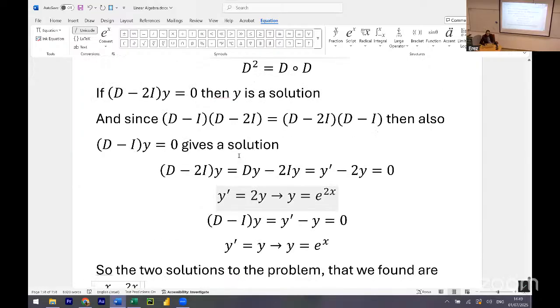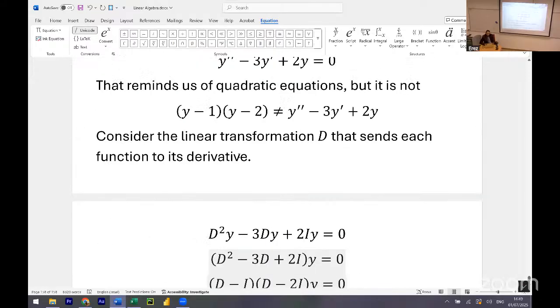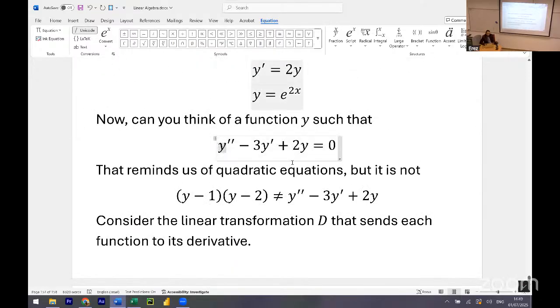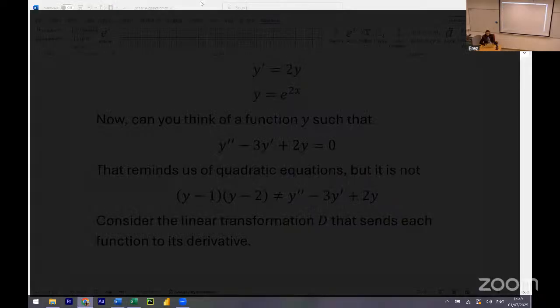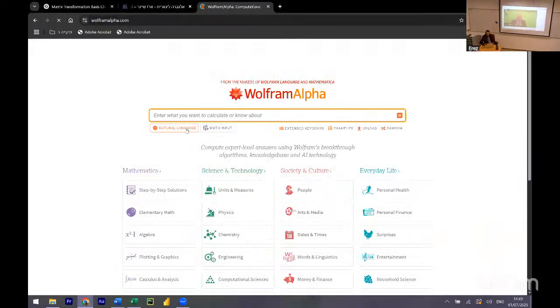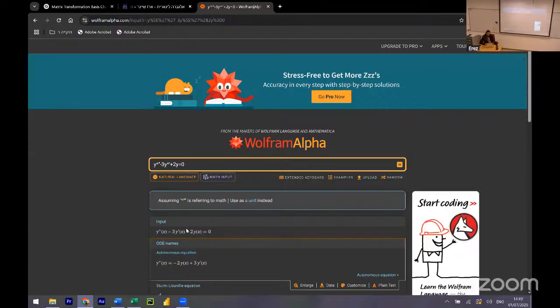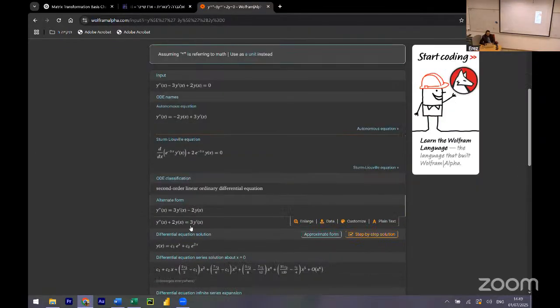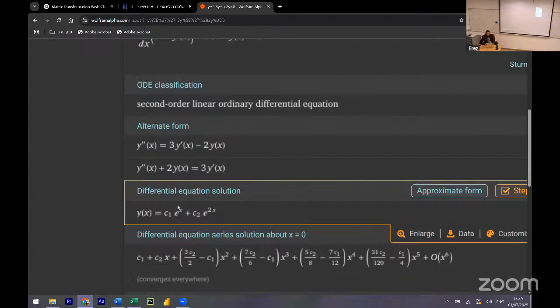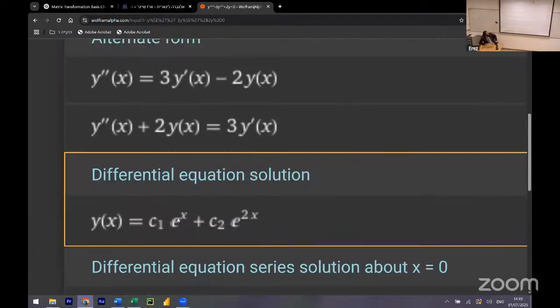And now let's put this equation into Wolfram Alpha and ask it to solve it. And you find that the solutions are indeed e to the x and e to the 2x.